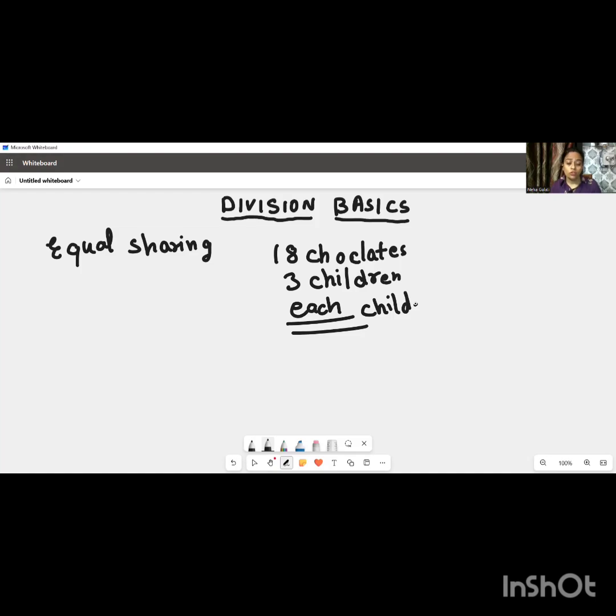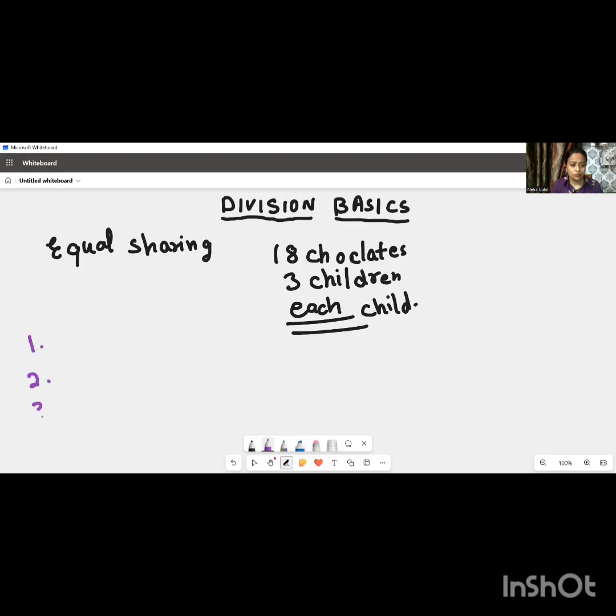But before solving these kinds of word problems, we first have to understand the division parts. Okay, let me start. In division, there are actually four main terms.